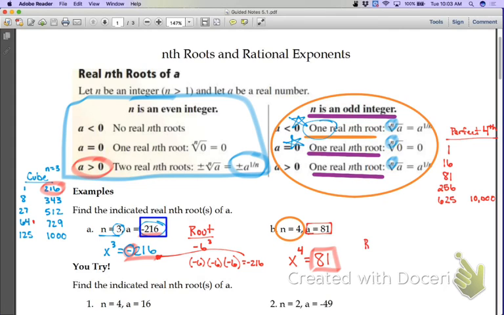So my root here is not just positive 3, but it's also negative 3.